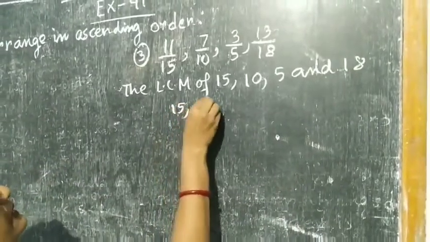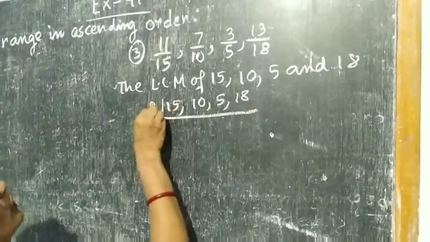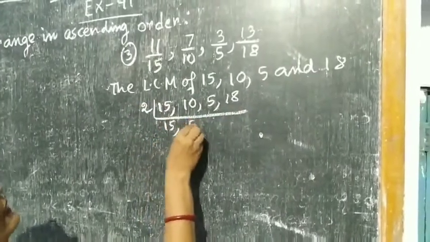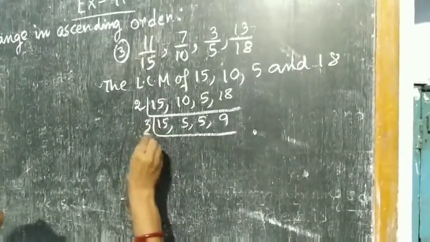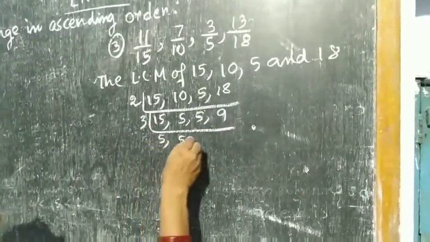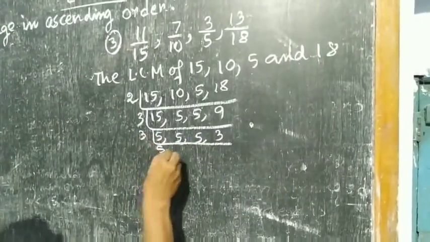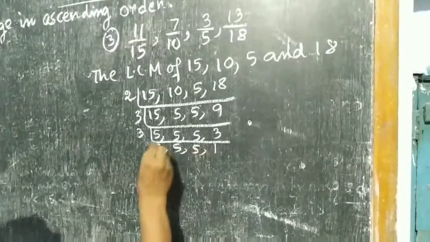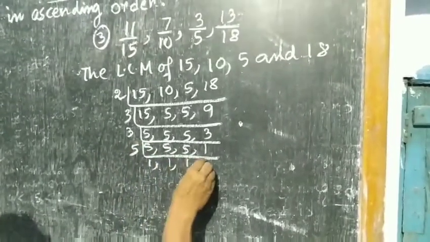So 15, 10, 5, 18. First divide them by 2: 15, 5, 5, 9. Again divide them by 3: 5, 5, 5, 3. Again divide by 3: 5, 5, 5, 1. Again divide them by 5: 1, 1, 1, 1.